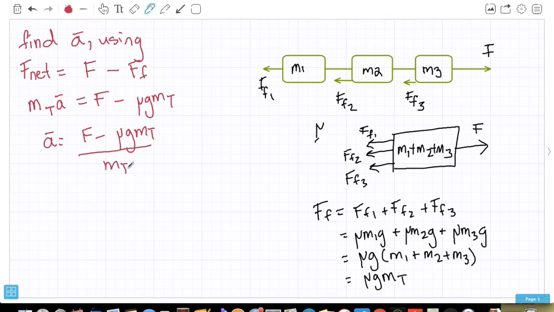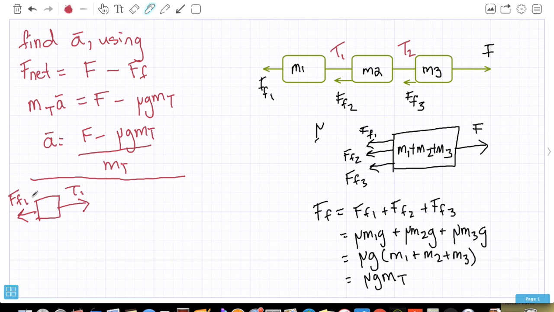Now if we want to find the tension force, so let's say we want to find T1, then just like in question 9, we look only at the free body diagram of M1. M1 has a force of tension going to the right, and then it has a frictional force going to the left.